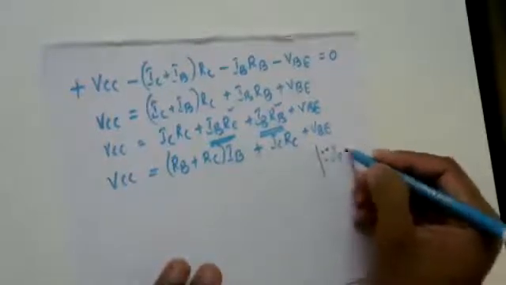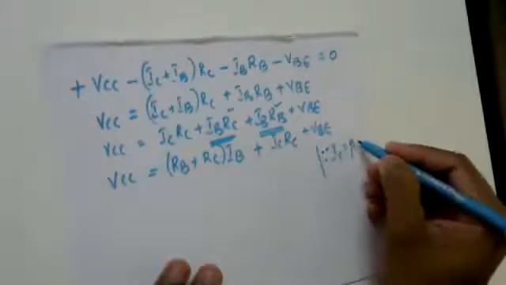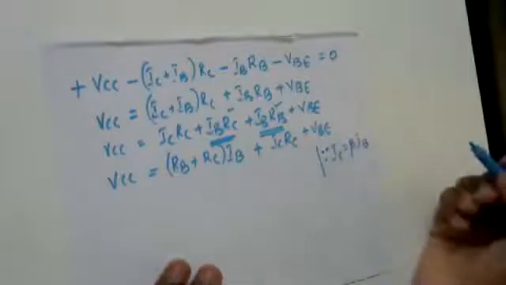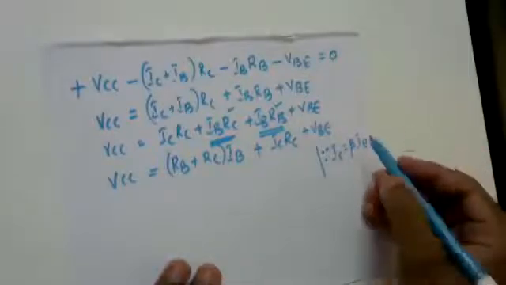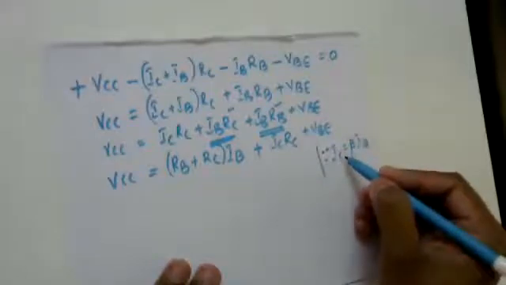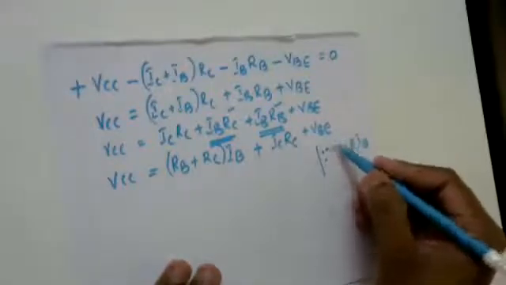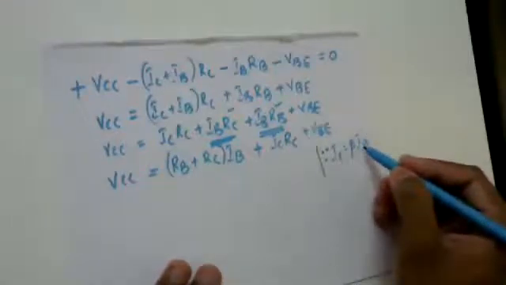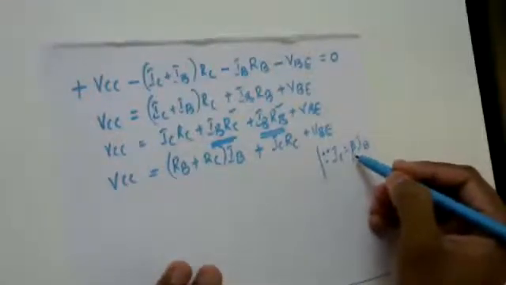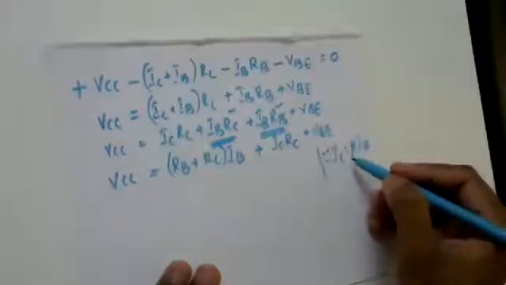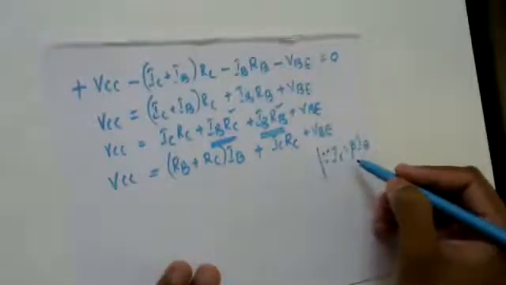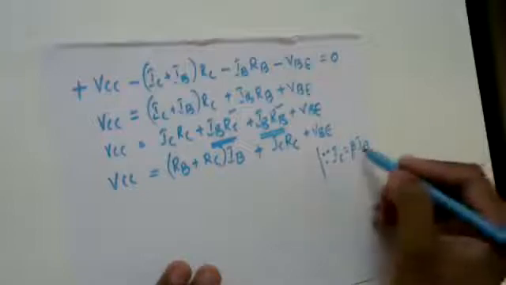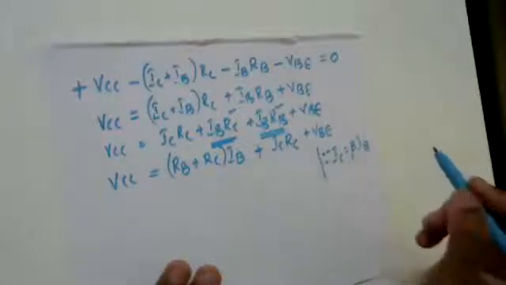I can write this IC as beta times IB. A simple reason: your collector current will be an amplified version of your input current. So your output current is getting amplified by a factor of beta, where beta is called the current amplification factor. Understanding?